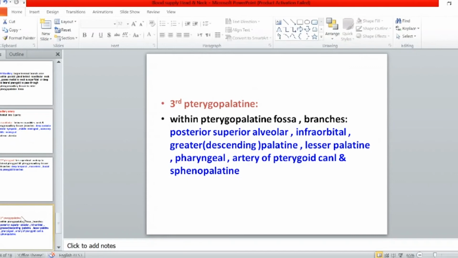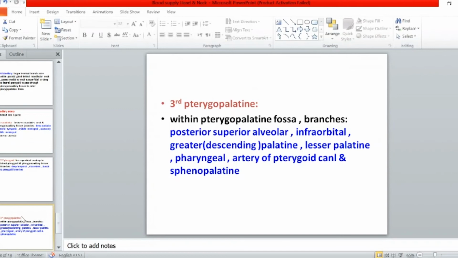pterygopalatine fossa. Within the pterygopalatine fossa it gives rise to a lot of branches. Here it supplies the nasopharynx, floor of the orbital cavity, maxillary sinus, nasal cavity, roof of the oral cavity, the upper alveolar arch, and all upper teeth.